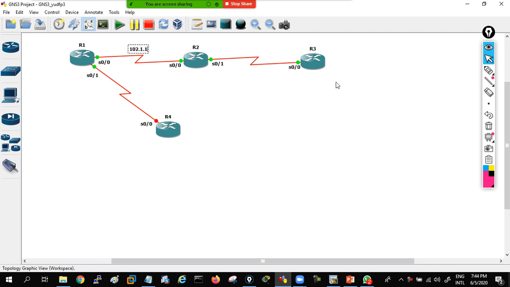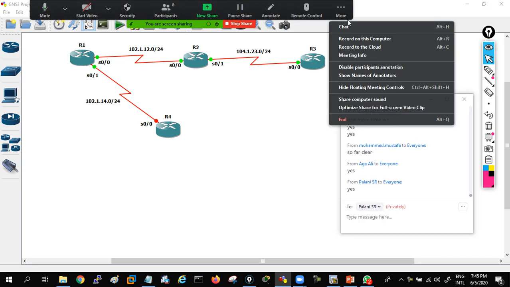Between these we configured this network, right? Let's duplicate this one. Make it 104.1.23.0/24. And between these two routers, I am going to configure 1.4. Agree? Guys, everybody tell me if you understand what I am doing here.